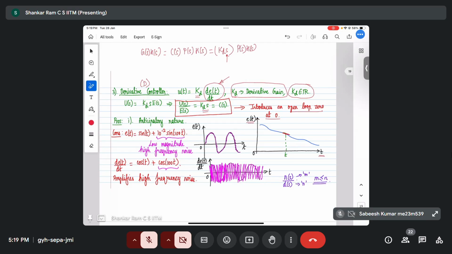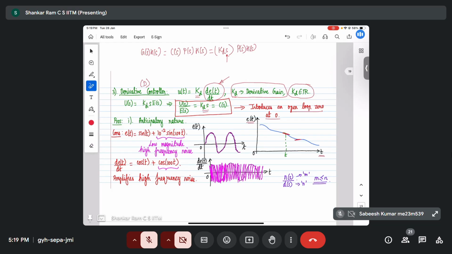So at this point, we can say that the slope of the curve is negative. That means in the near vicinity of this time, the error is going to decrease. On the other hand, let us say at some point the slope of the curve is positive. Then we know that the error is going to increase in the next instant of time.